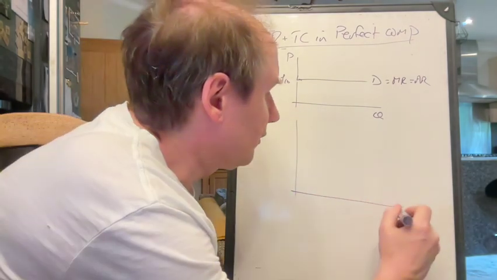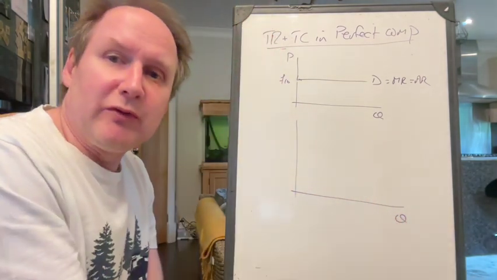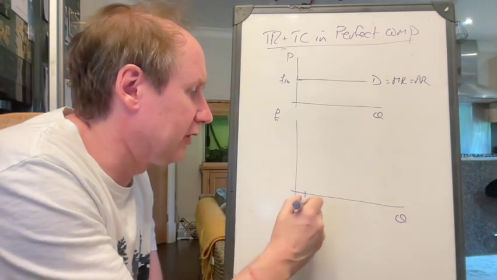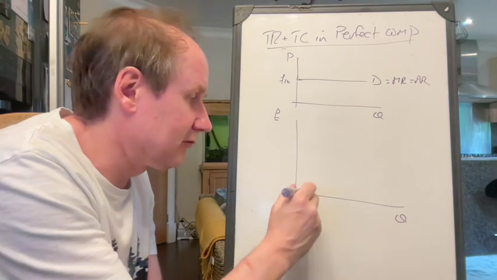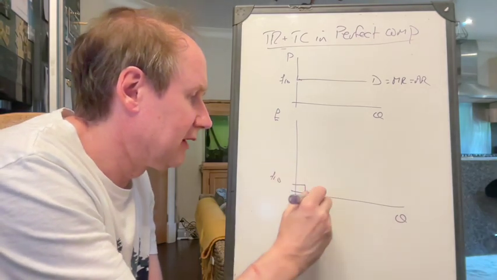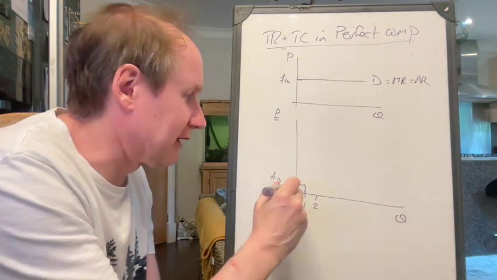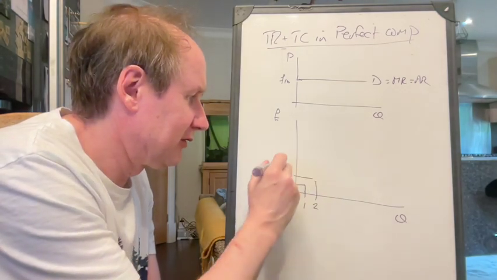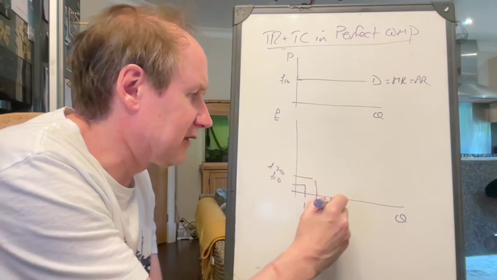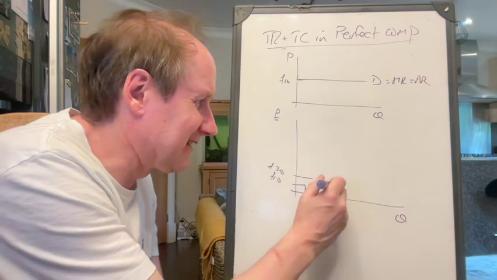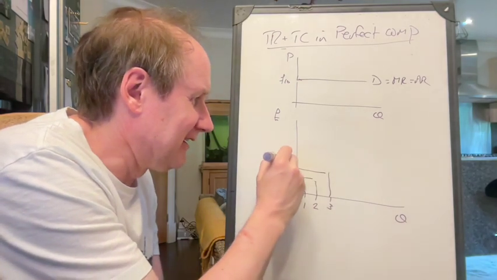So what does its total revenue look like at different output levels? If it sells one unit, well, it's going to get 10 quid. If it sells another unit, it gets another 10 quid. So it's going to have 20 quid. If it sells a third unit, guess what? Each unit sells for £10, so it's going to have 30 quid.